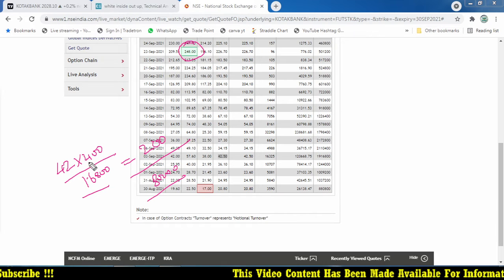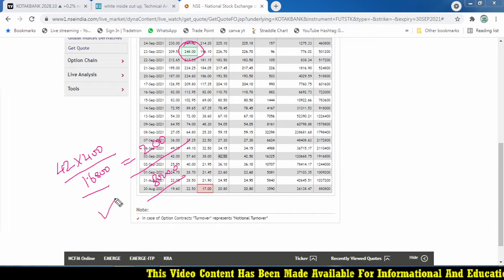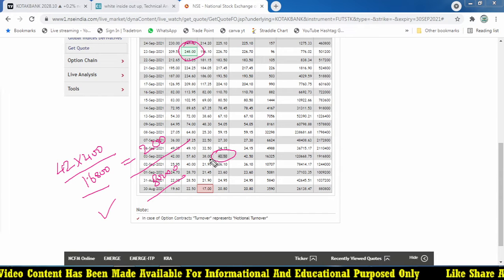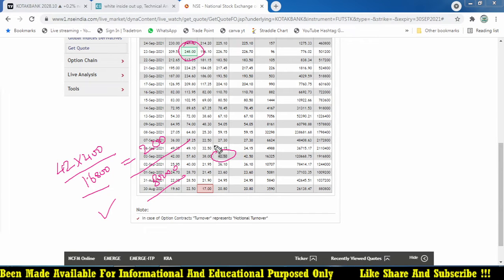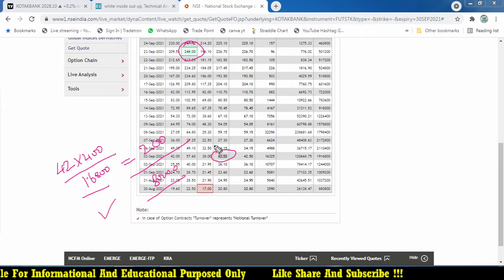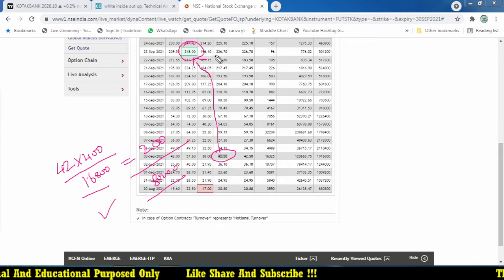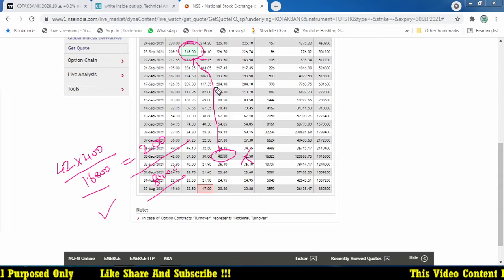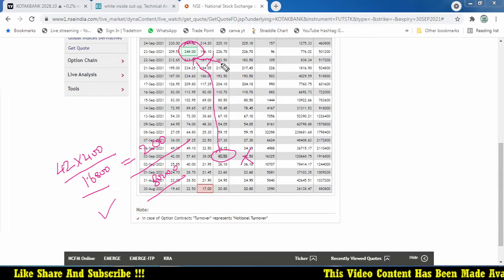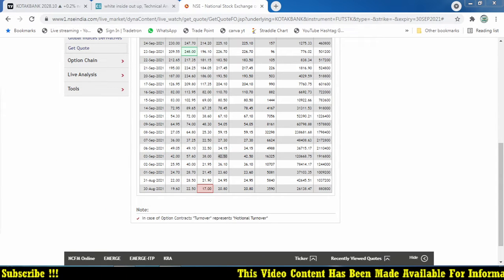So you are booking more profit on that stock, only simple naked option buying. But the risk for the traders is somewhere around 42 rupees. If you are ready to take that 42 rupees as a risk, then that is why you are making this profit. If you are not able to take this risk, you are not going to get this profit. So risk and reward is very important while we are trading.